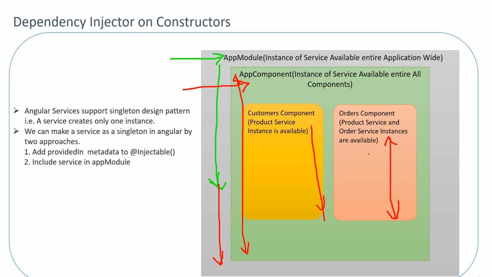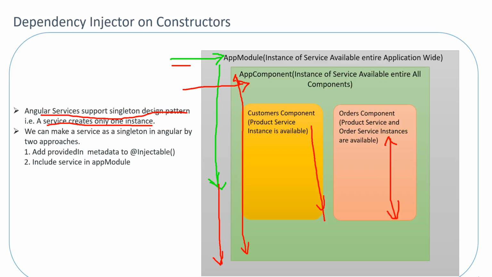If you provide one instance in one place, it should be available to all the child components of that particular component. Angular services support the singleton design pattern, meaning a service creates only one instance.